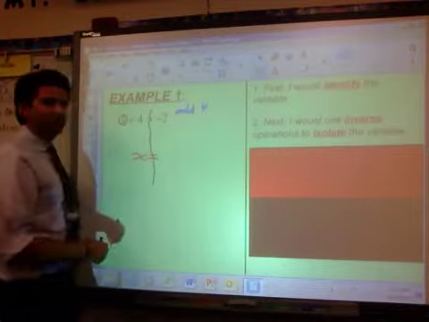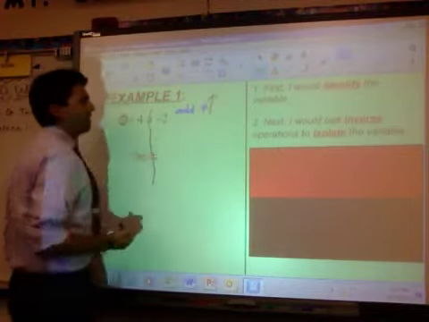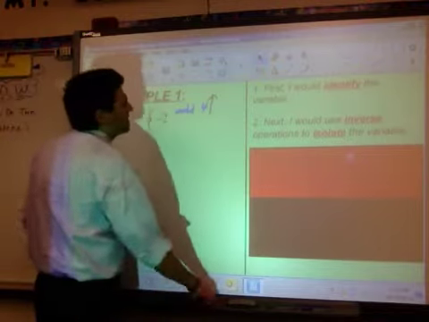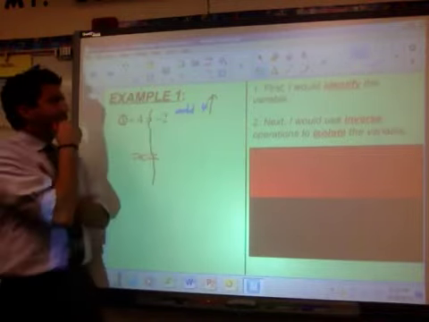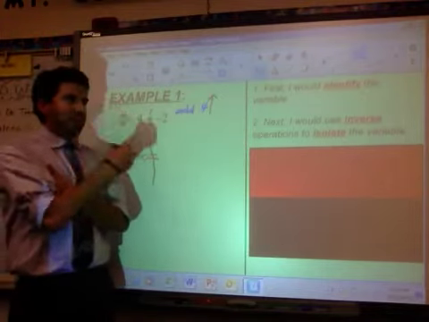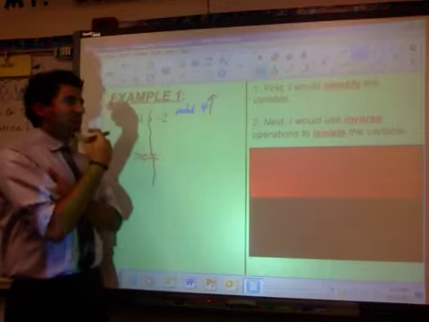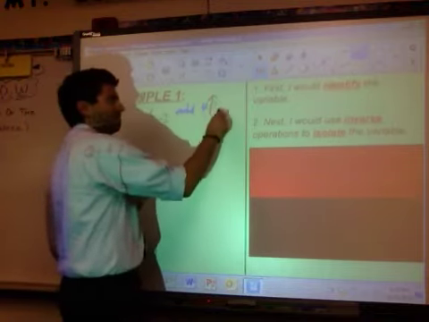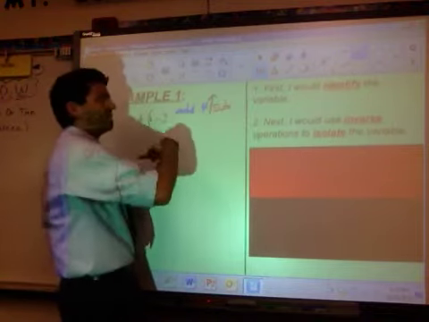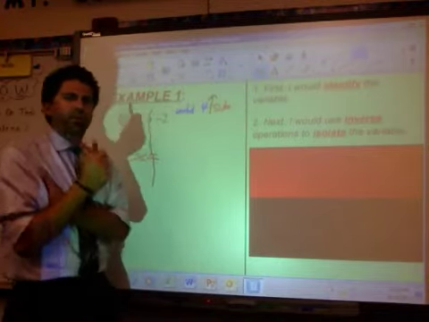So I know we're going to be using inverse operations here to undo add 4. So I'm thinking to myself, okay, well, if you're adding something by 4, to get back to where you started or to what you want, you would have to subtract. Because the inverse of addition is subtraction. But more specifically, what are we going to subtract?